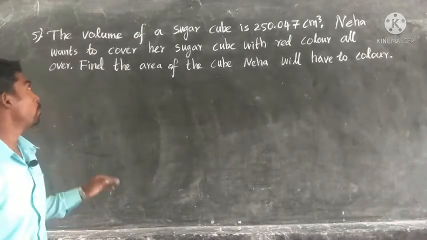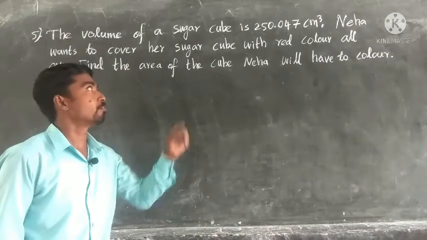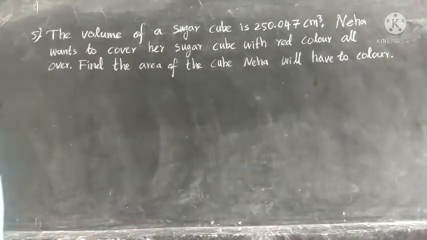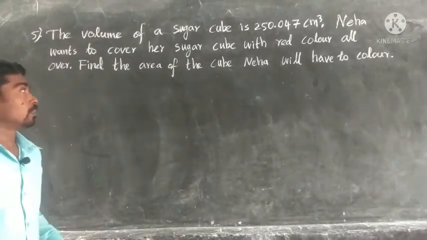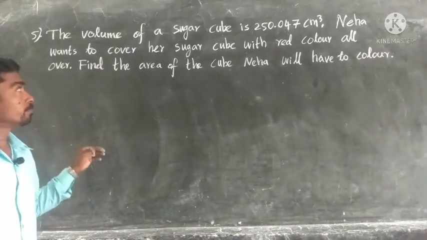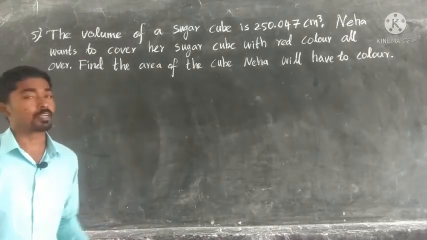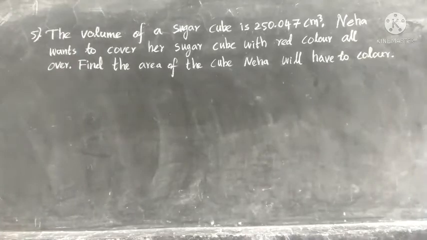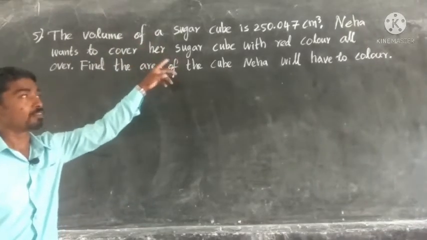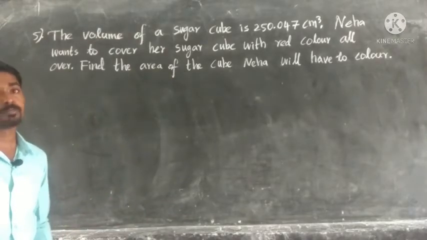Next question, question number 5. The volume of a sugar cube is 250.047 cubic centimeter. Nagov wants to cover a sugar cube in red color all over. Find the area of the cube Nagov will have to color. Here, by using volume of sugar cube, first we are going to find the length of sugar cube.